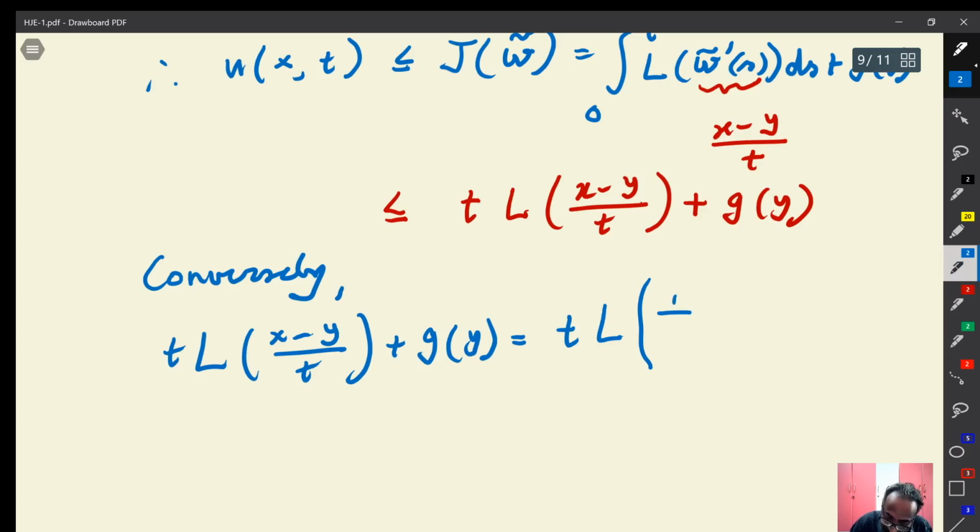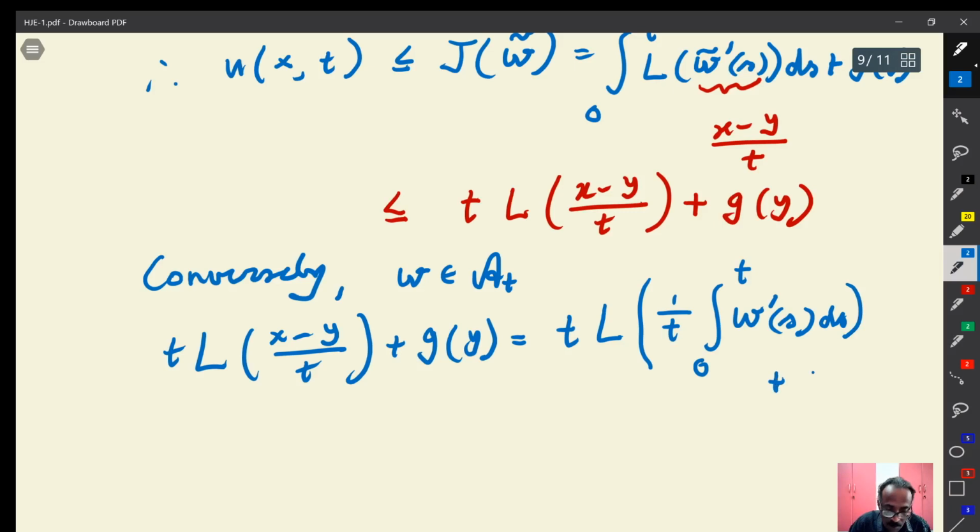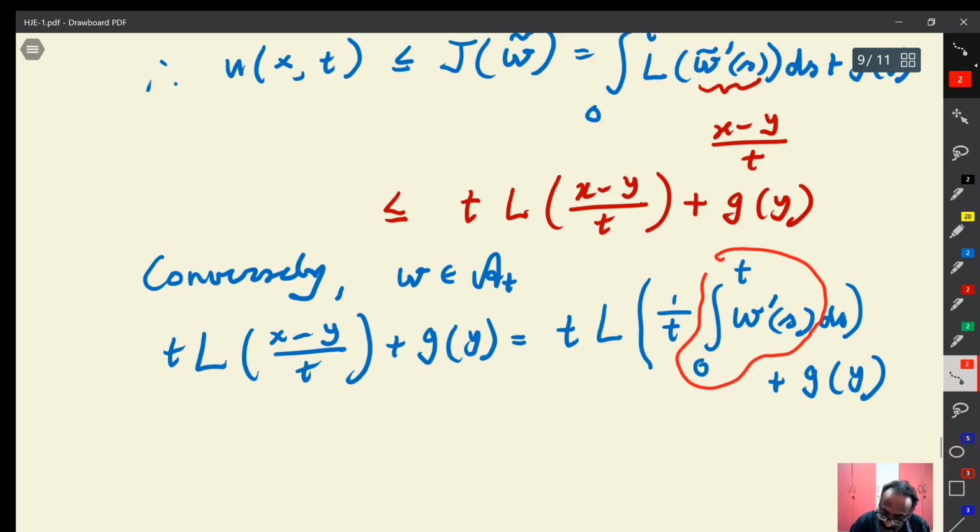This is 1 by t, and then the integral from 0 to t of W prime of s ds, for any W. Conversely, let W belong to the admissible class, this is not a linear trajectory, plus g of y. But the integral from 0 to t of W prime of s ds is nothing but W(t), and that's what you want. It is W(t), and g of y.